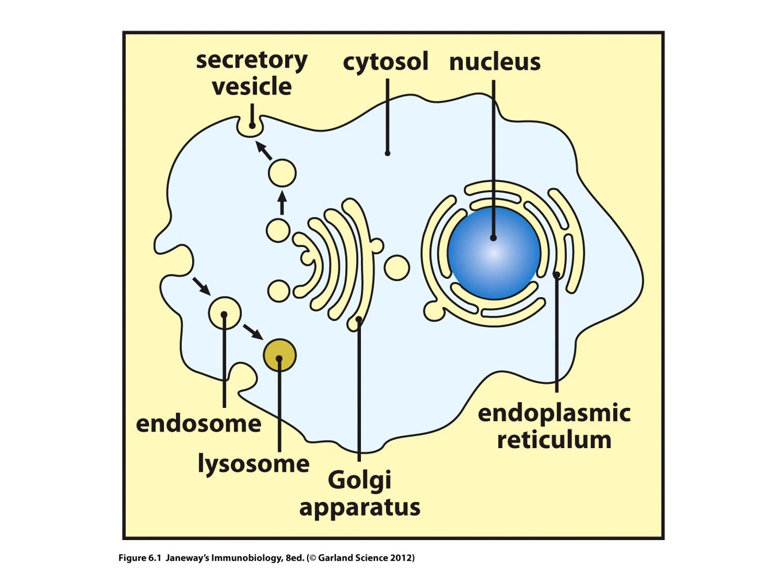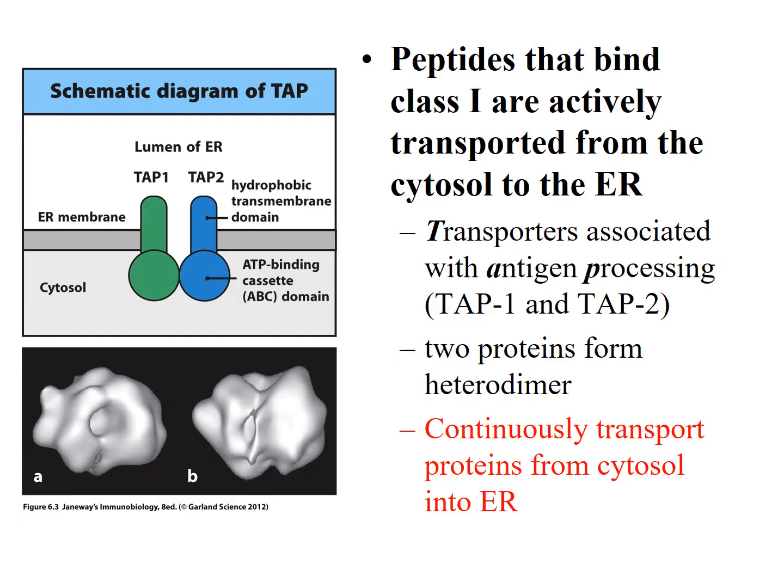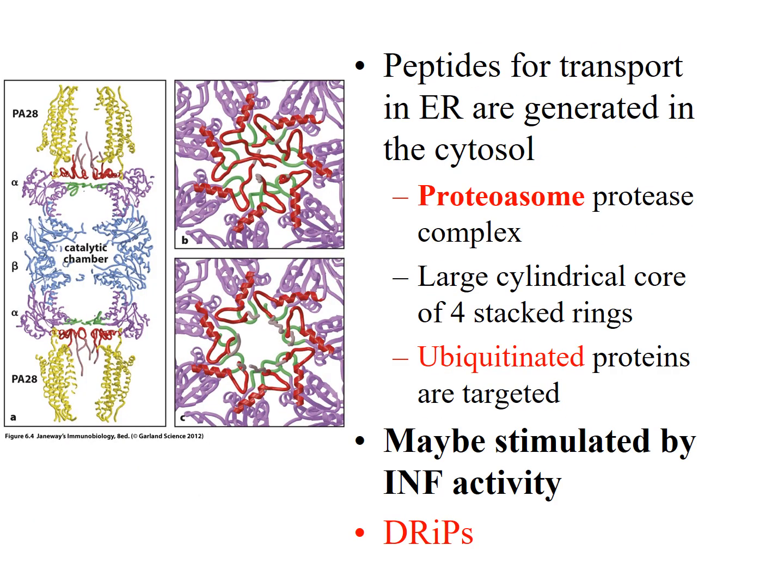It's the environmental contents. The cytosol in blue is a different environment. This is a more controlled environment. So you have these two compartments, and viruses or bacteria are going to get into either one using different pathways. Cytoplasm, cytosol, class 1. Endosome or a vesicle, TAP 1, TAP 2, into the ER.